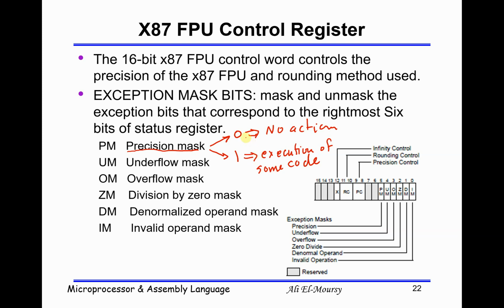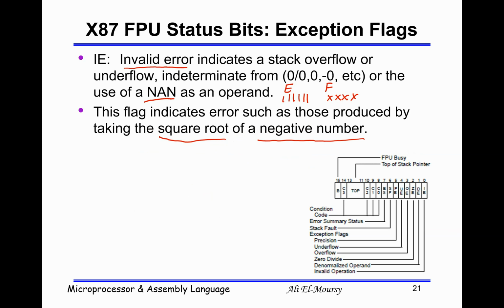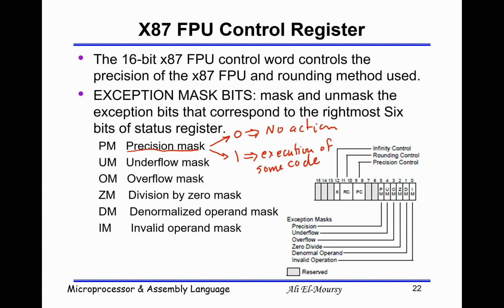As we have 6 different exceptions, we will have 6 different flags for the masks, and as we mentioned in the last lecture, we have 6 different flags to indicate whether the exception is happening or not. Those are the first 6 bits in the control register of the x87 machine.